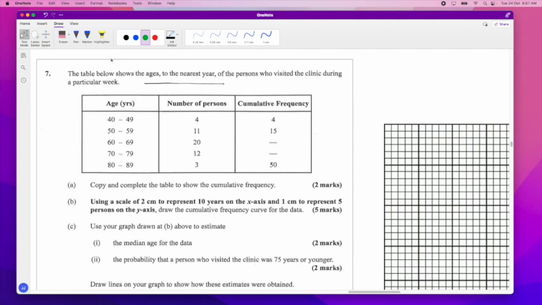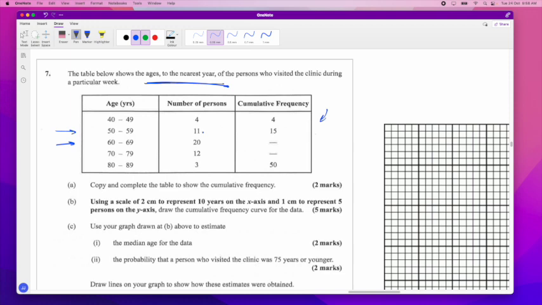The table shows the ages to the nearest year of the persons who visited a clinic during a particular week. So I see the amount of people who were between 40 and 49 is 4 people. The amount of people who are between 50 and 59, we have our class intervals here. What we need to do is complete this cumulative frequency table.